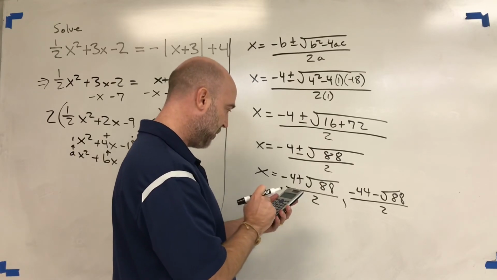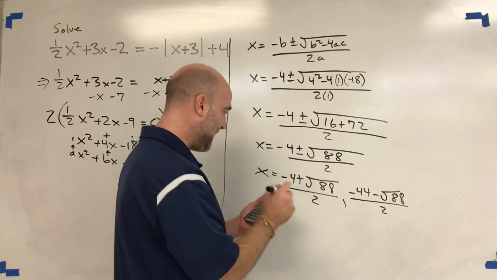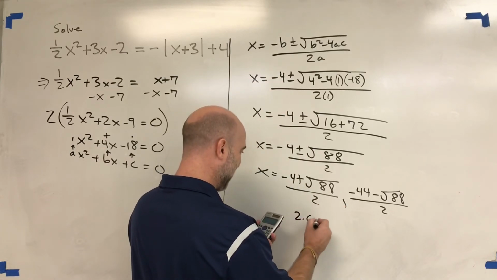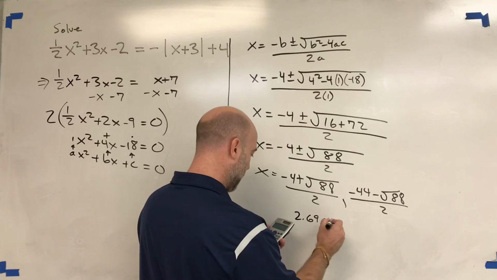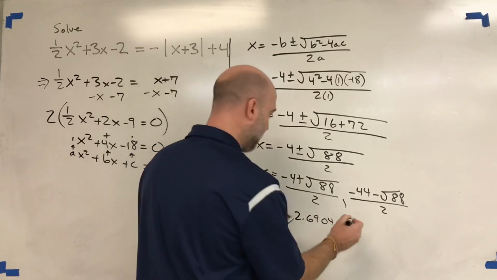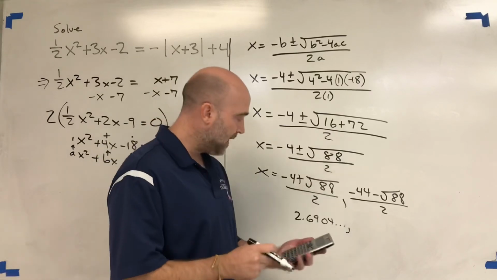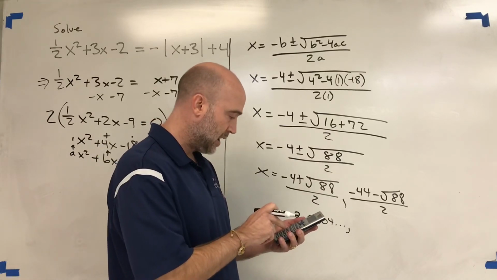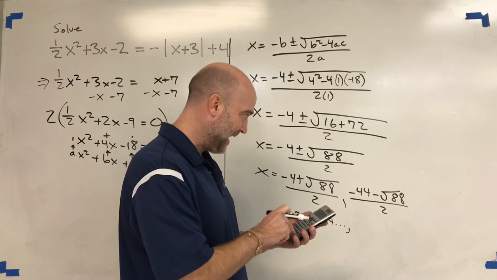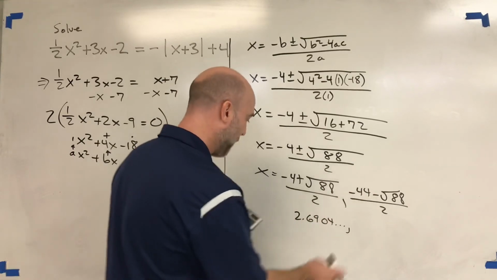It's equal to. And I want it as a decimal. Oh, I got 2.6904... That's that one. And on the other one here, I get, let's see, the negative, I put 44.